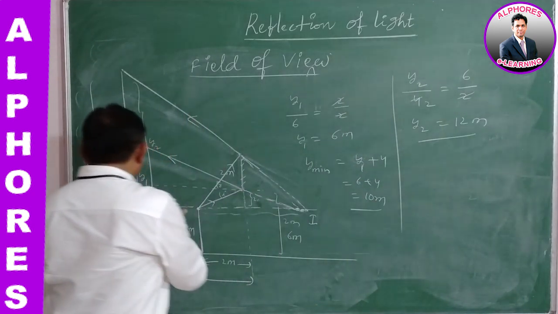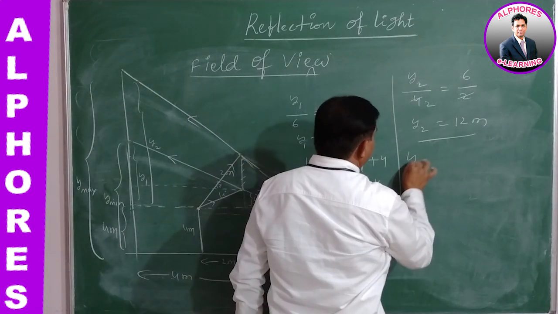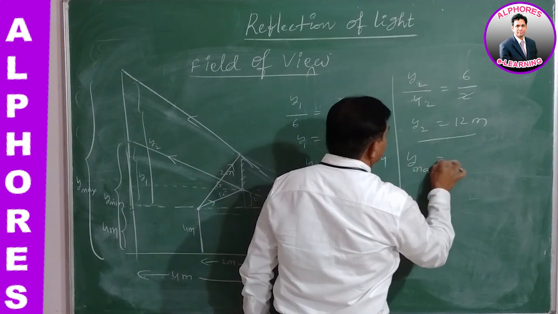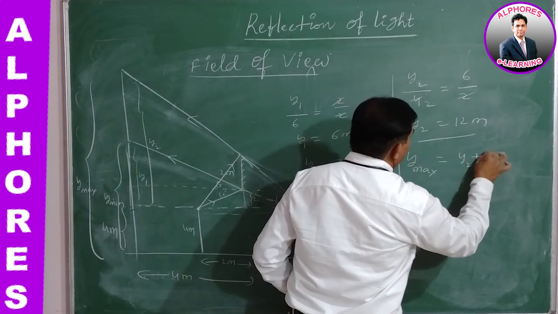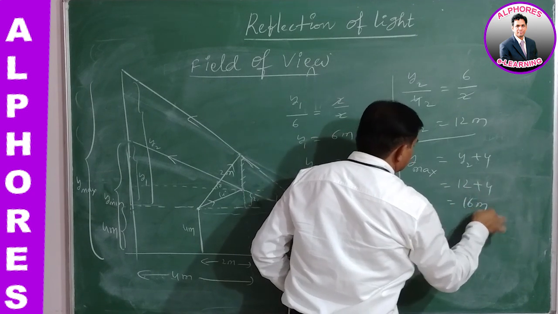That is 12 meters from here to here, but from the ground it is y max, which is y2 plus 4, that is 12 plus 4, 16 meters.